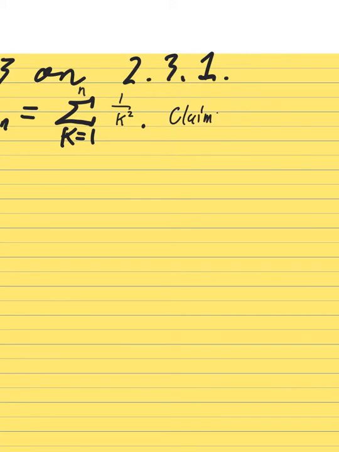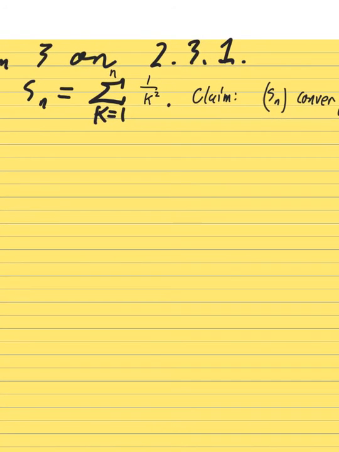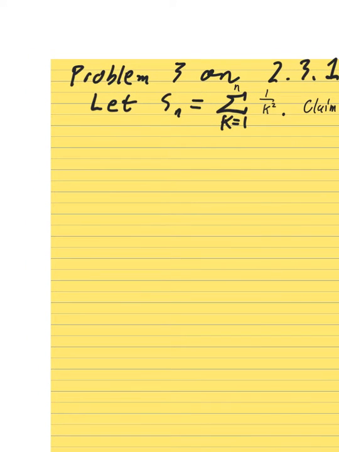Claim. S sub n, this sequence, converges. I'm not going to make any attempt to see where it converges. I just want to show that it converges. And how will I do that? We'll do that by showing that the sequence is increasing and bounded above. And, well, let's do it.